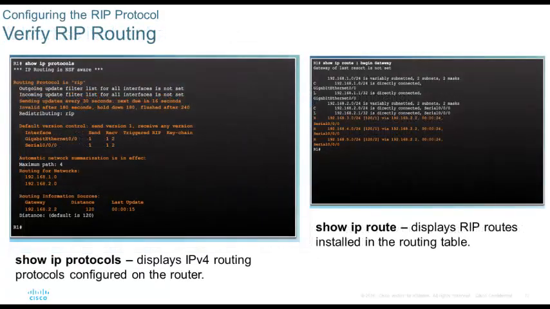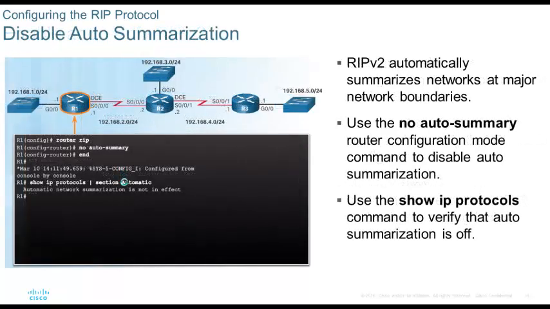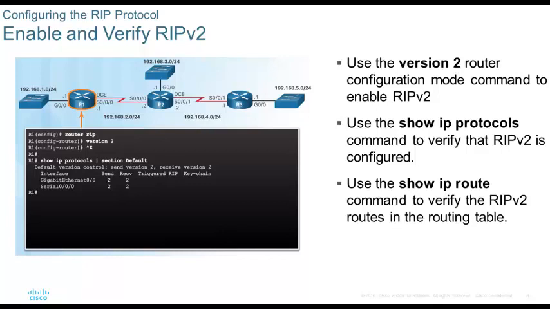These are all the show commands to verify whether RIP is running. And here you can see a very simple command called version 2 changes the version of RIP. Did I show you these things when I was doing the demo? Changing version.